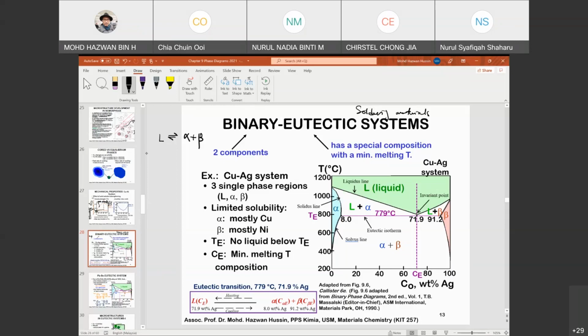On the top, it's still liquid, and in between the phases there will be a mixture. For example, over here you have a liquidus line, and this is the solidus line of alpha, and this is the eutectic temperature, TE. TE is known as eutectic temperature.